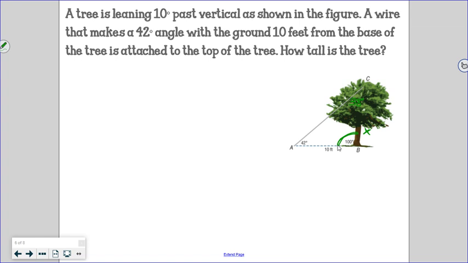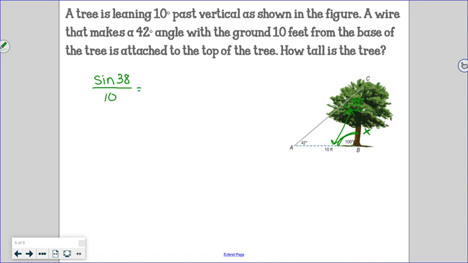Now I have my requirement for law of sines, an angle across from the side, and that is always, again, what we're going to be looking for to do our law of sines, and that angle across from the side always has to be one of your two proportions. We just then had to pick the correct proportion to solve for our unknown that they are asking us to solve for.